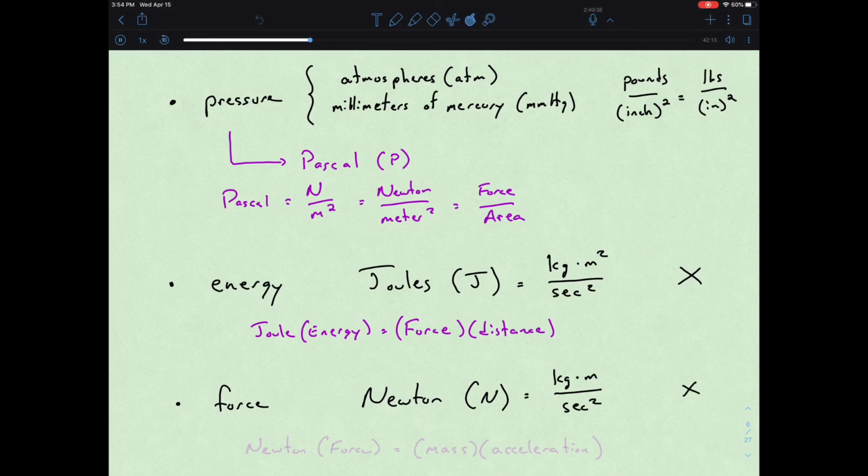Again, there is no American version of that. And so the idea of a Newton, or this idea of force, is equal to mass times acceleration.